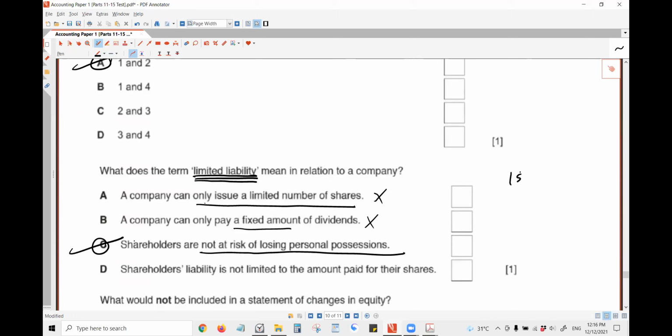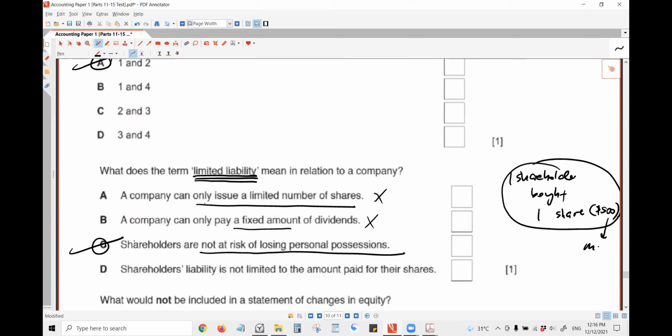Let's say one shareholder bought one share, maybe $500, just example. If the company closed down due to bad news, then that's the maximum loss, $500. The shareholder will not lose more.